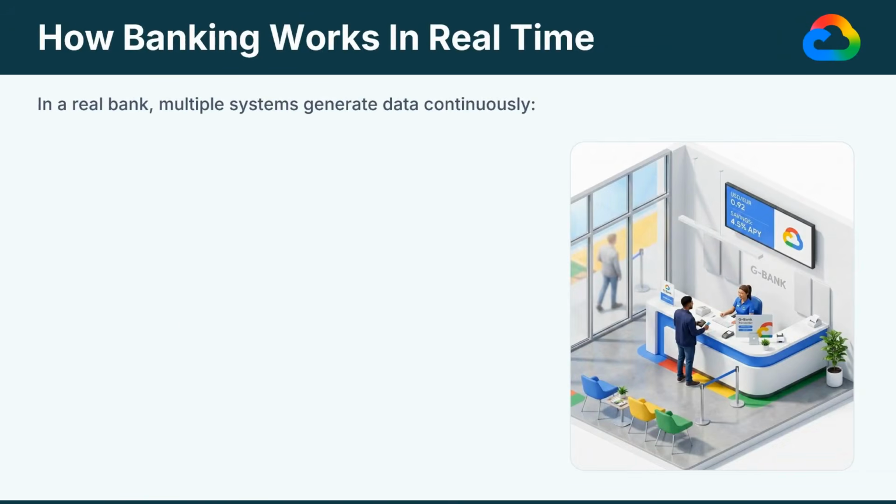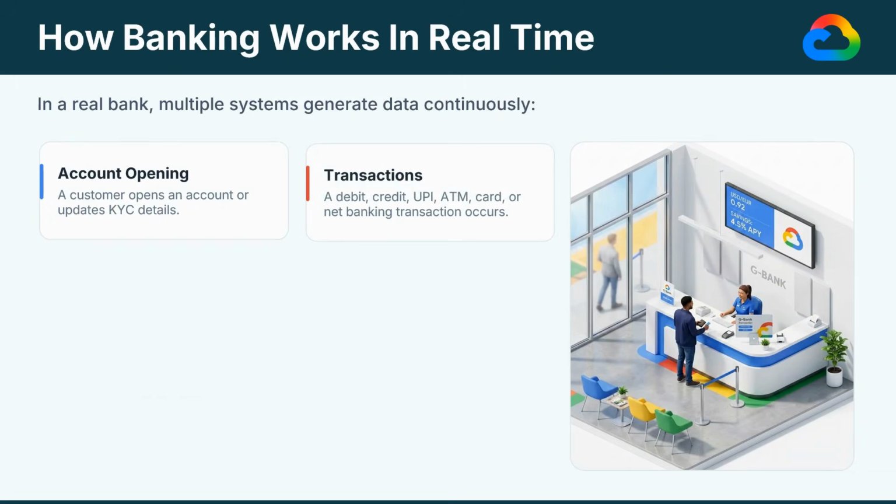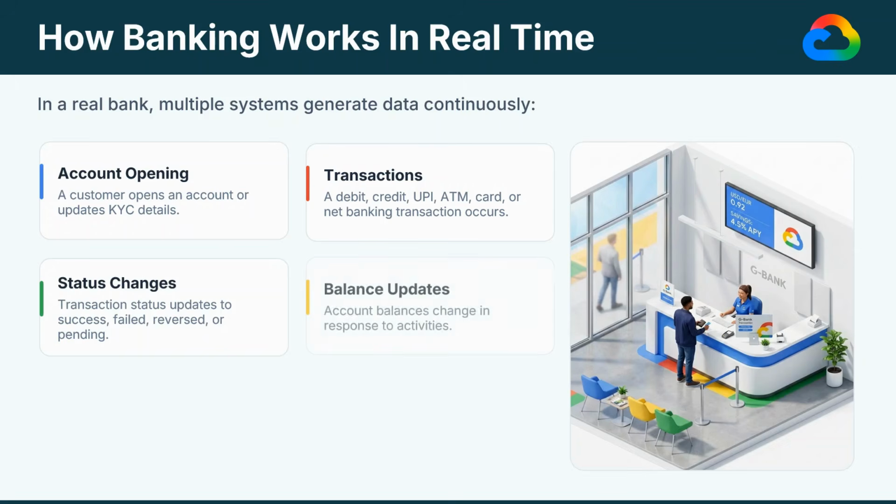And how does a bank work in real time, if you ask me? Whenever a customer visits a bank, either he opens an account or he may update a KYC detail. Whenever he does any kind of activity, a huge amount of data is generated. Similarly, you may be doing a transaction, and that is again data being generated. Whenever you do a transaction, whether it is a success, a failure, or pending, there is again a huge amount of data for each customer. And with balance updates, when you do a transaction, the balance changes.